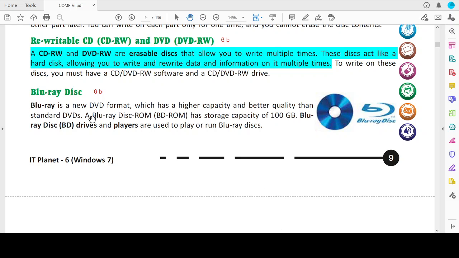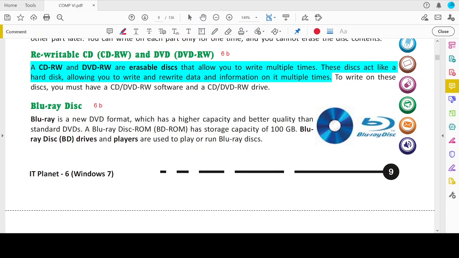So a Blu-ray is a DVD format which has higher capacity and better quality than standard DVDs. Okay.